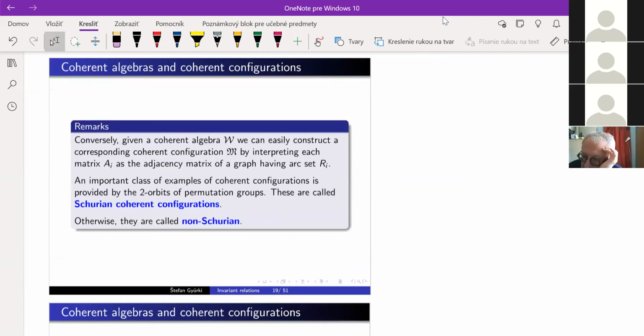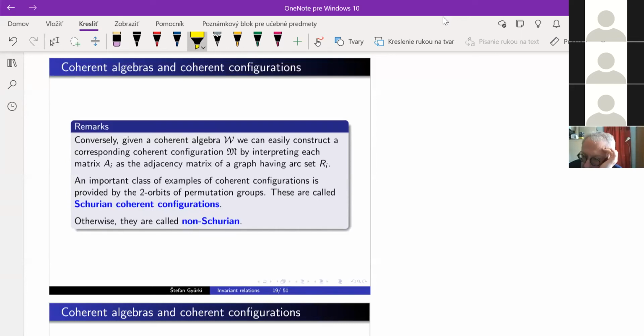Now, we already saw that from permutation groups we are obtaining coherent algebras, and of course from permutation groups similarly we can obtain coherent configurations. But these are not all coherent algebras or coherent configurations.